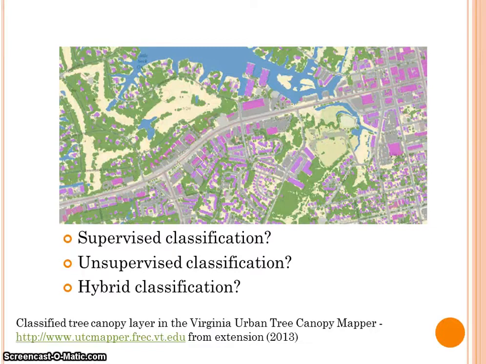Or was an unsupervised classification used, where the analyst provides minimal input, sometimes setting the number of classes, but not guiding the classification process? In an unsupervised classification, natural pixel groupings are presented.